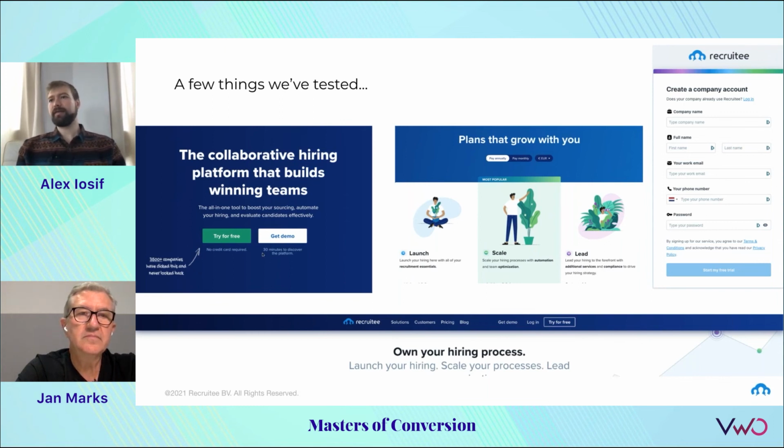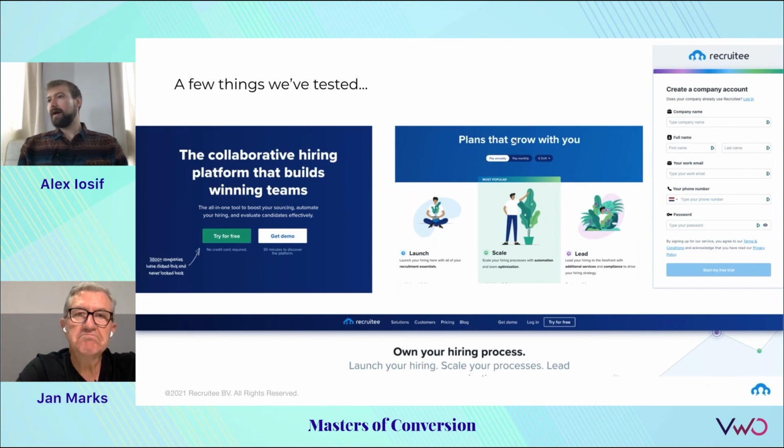So for example, in this one that we're actually testing right now, we just added a little graphic here that says 3,500 companies have clicked this and never looked back. It's looking very, very positive. Catchy. It's not yet done, but like 20% plus on trial clicks, which is very decent.